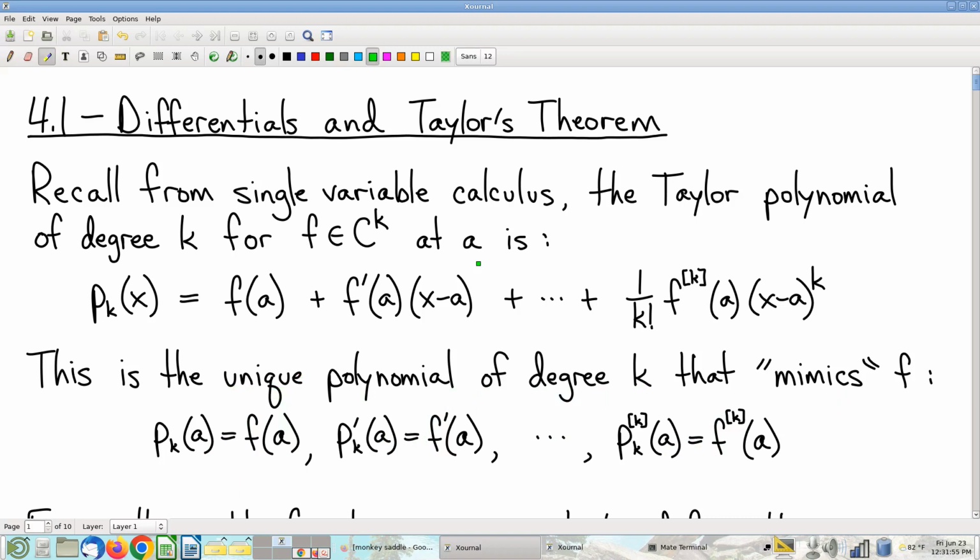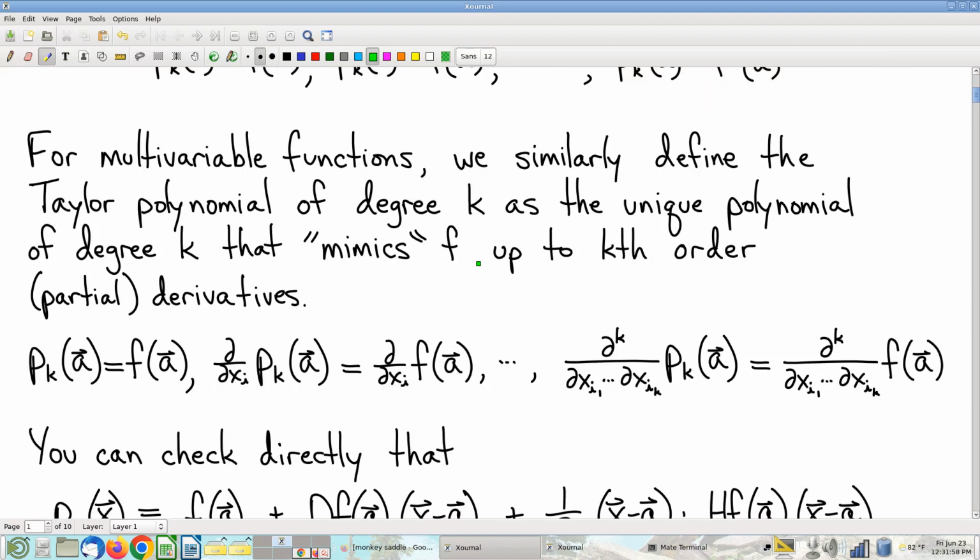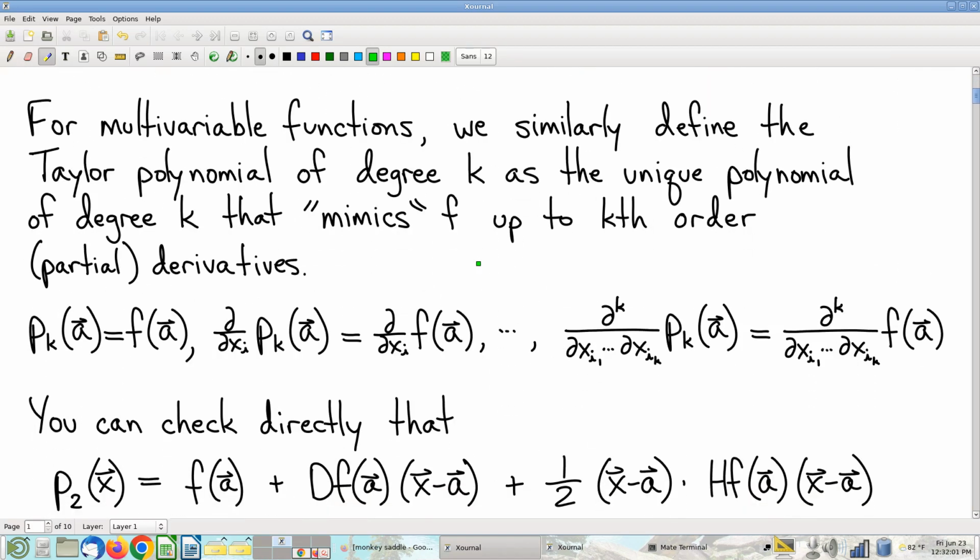Okay, so with that said, we can take this idea and generalize it to a multivariable setting. We can say, all right, for a multivariable function, let's talk about the unique polynomial of degree k that mimics the function that we're approximating, again, up to kth order derivatives at the point in question. The only extra little detail is, there's not just derivatives, there's partial derivatives. So, for example, when I say p mimics f in value, sure, the function only has a single value.